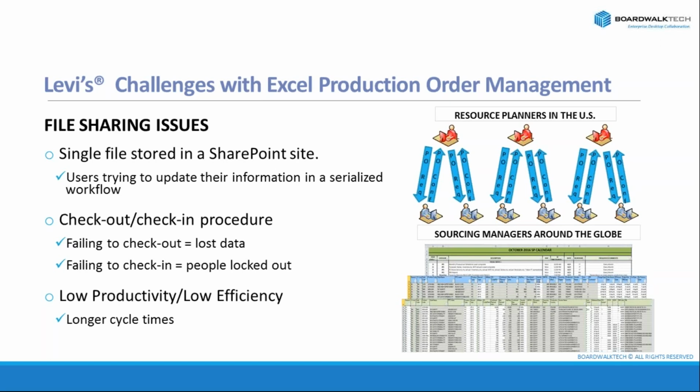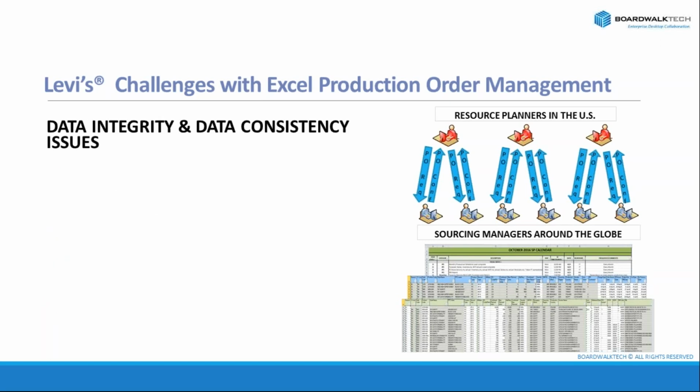As I mentioned in my previous slide, the production collaboration process is driven by a monthly calendar cadence with weekly activities. So with that many users, it could take a person a couple of weeks before they could input their updates, missing their deadlines.